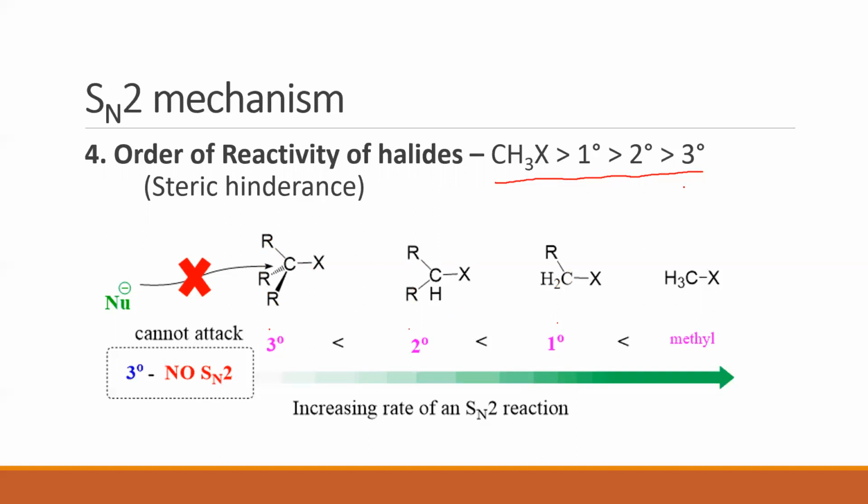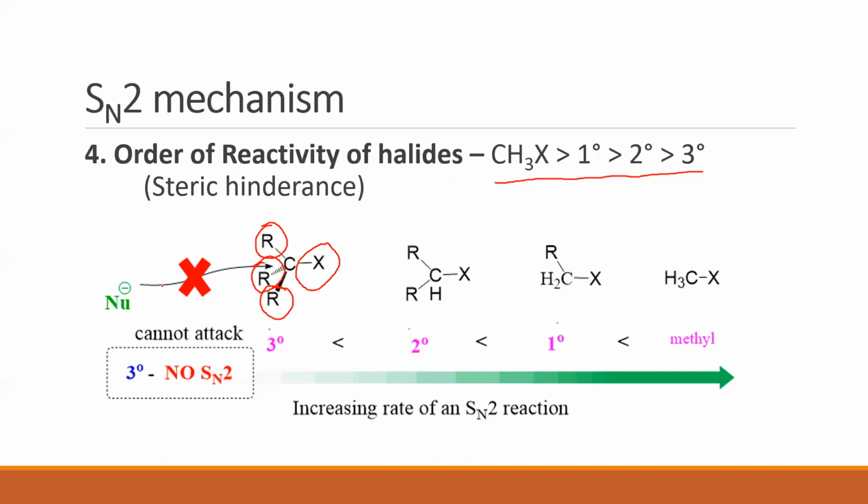Now, why is this order seen? Why is tertiary not more reactive compared to CH3X? Let us understand. One thing that we studied in the mechanism was, does the nucleophile attack from the front side or from the back side? Yes, it attacks from the back side. So if it has to attack from the back side, imagine a tertiary alkyl halide. Now, all three R groups are big because they're all carbons. Clear?